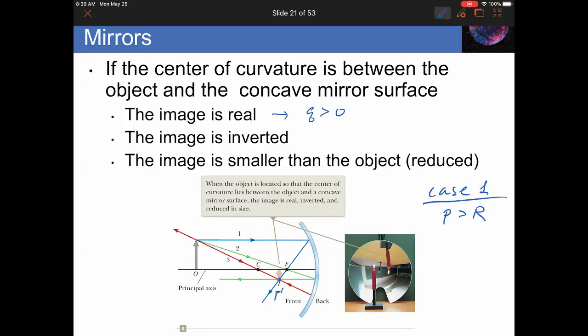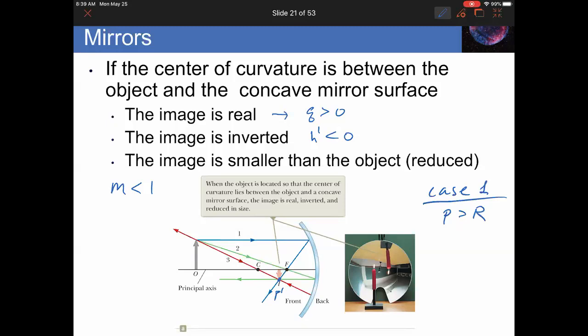The way we know that the image is inverted is that H prime will be negative. And the way we know that the image is smaller than the object is that M will be less than 1. Because if it's smaller, it will always be like 0.6, 0.8, 0.5, 0.2, whatever it is, but the number for the magnification will be less than 1.